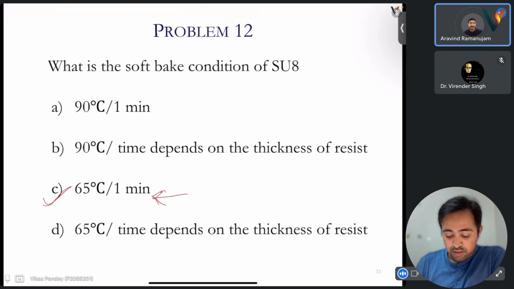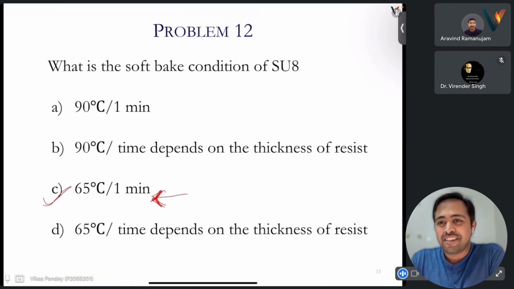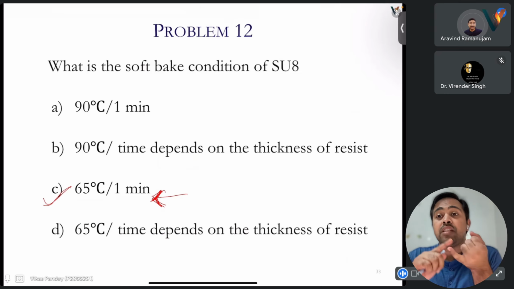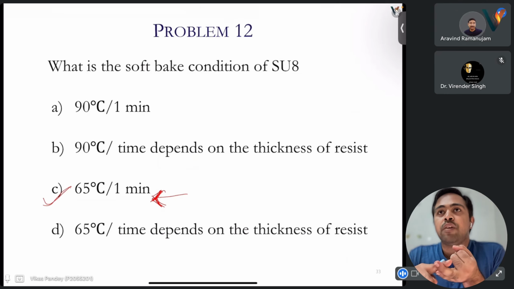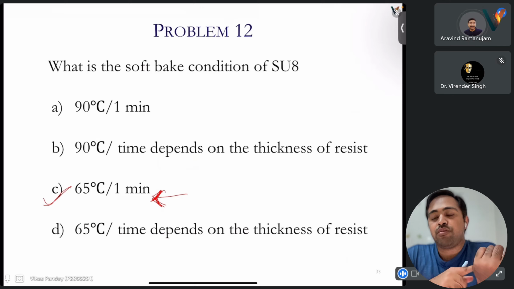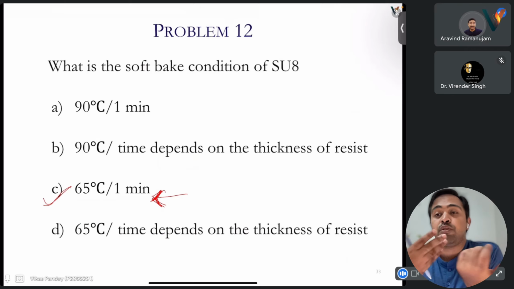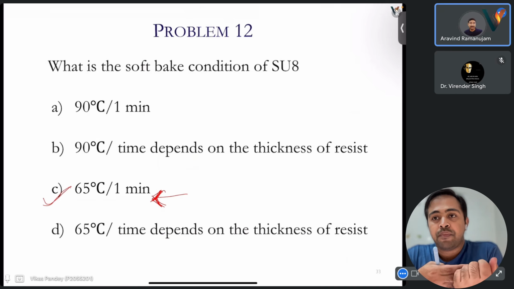It's not 1. 1 minute is according to the one given in the class, but it is not giving us the thickness. Like I said, it will depend on the resist as well as thickness. If the thickness varies, this thing also varies.